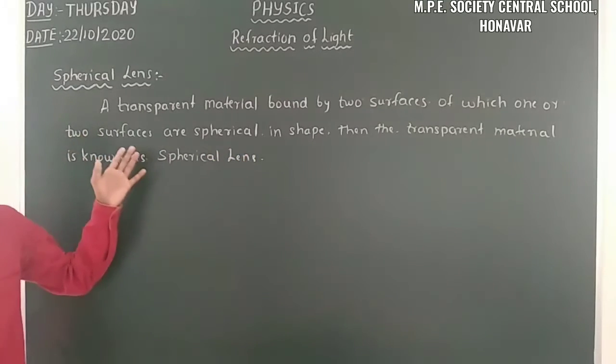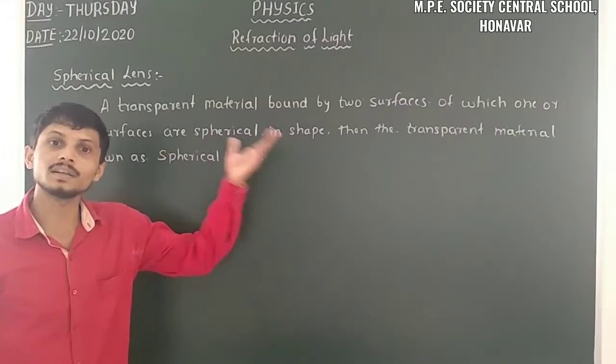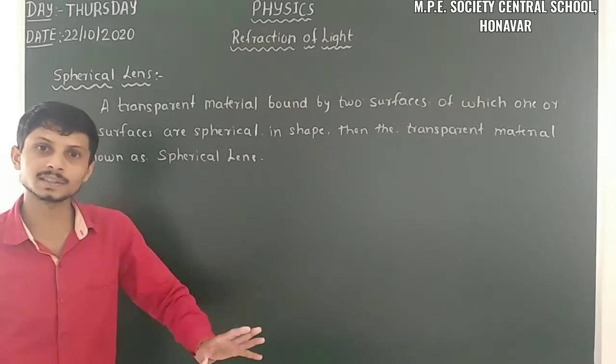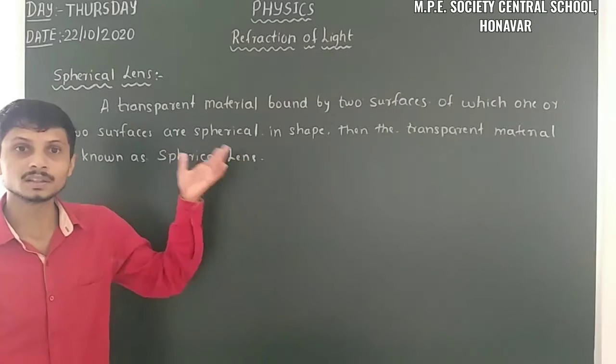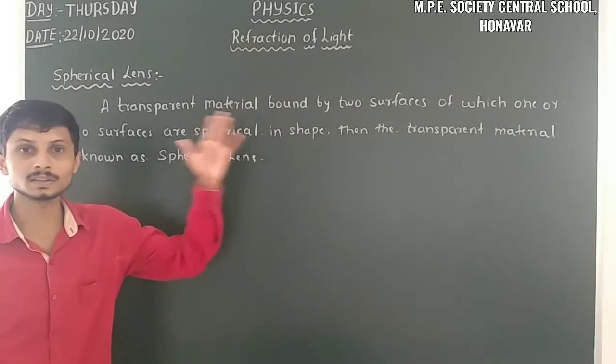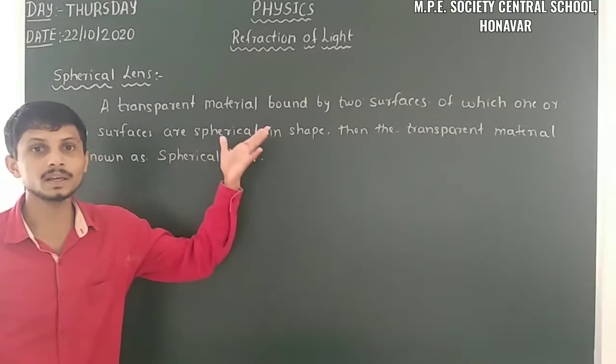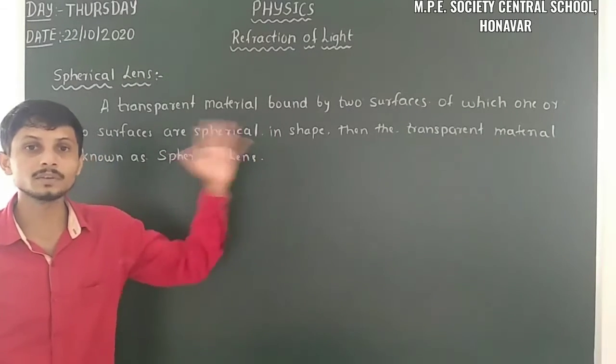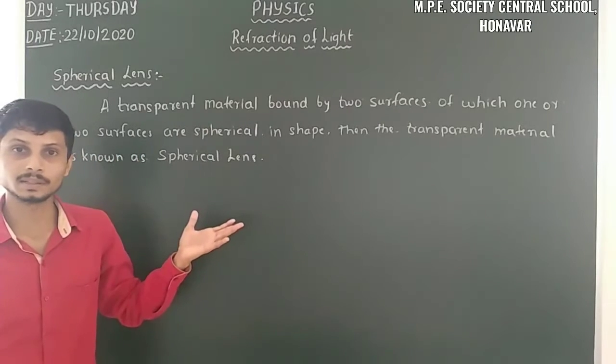Yes. So we have a material in which all the parts are transparent, but there we have two surfaces. If one or two surfaces of that material are spherical, then we call it a lens.